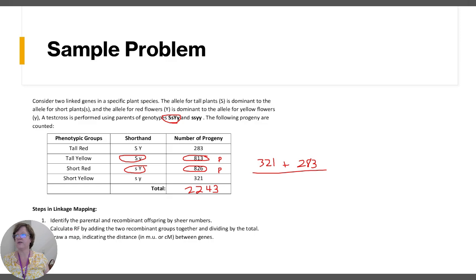So I'm on step 2, calculate the recombination frequency by adding together the number of the recombinant group offspring divided by the total. And so 283, and 2243.